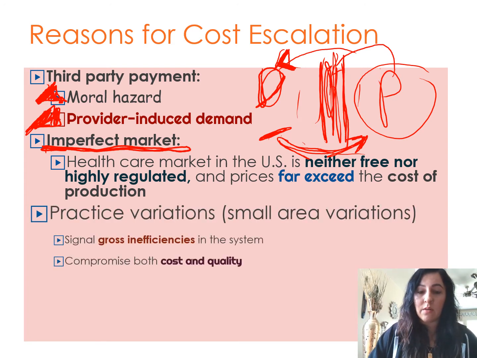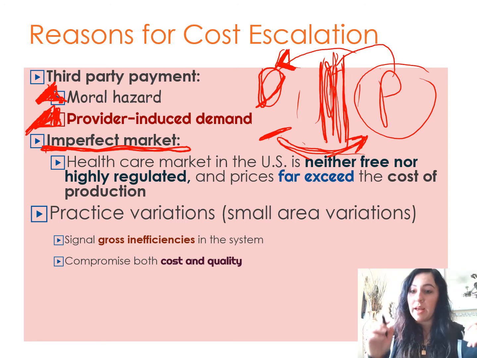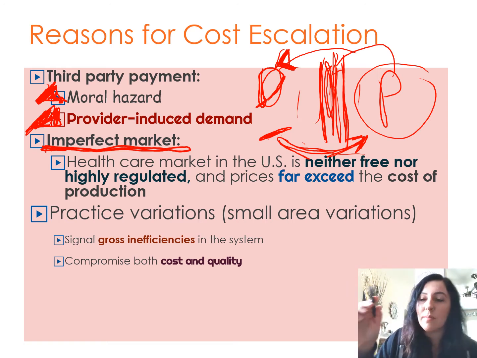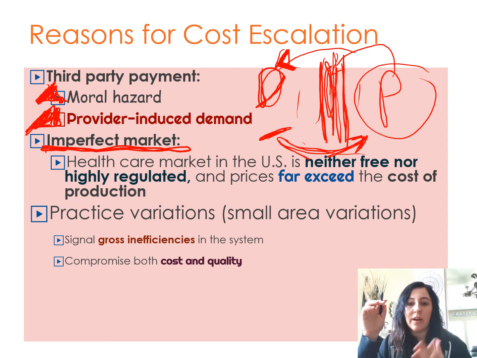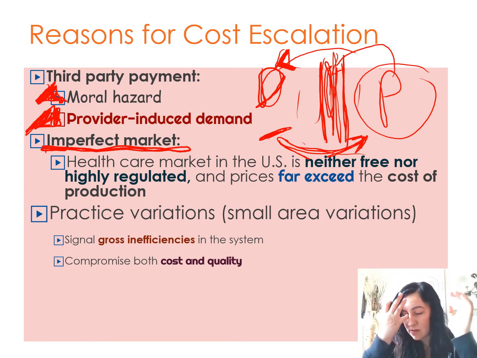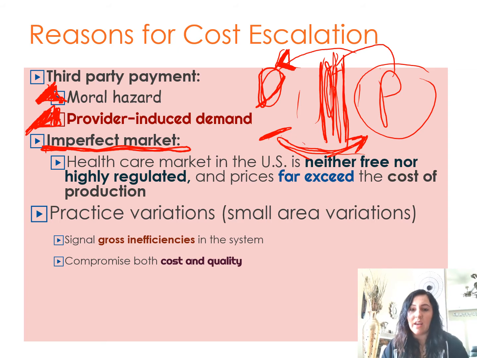Okay, so next let's look at practice variations and small area variations. So this is quite interesting. They found, as a result of many studies and surveys and whatnot, that in some parts of this country, in areas like cities, counties, towns, whatever, there are major gross inefficiencies in the system.